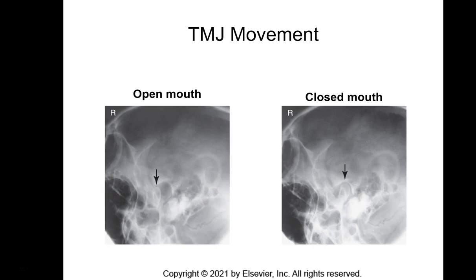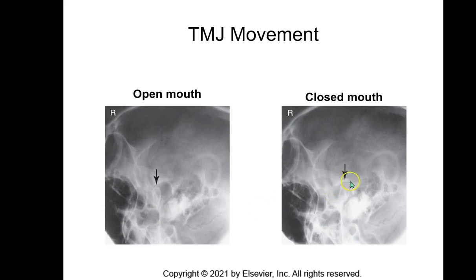If the condyle slips too far forward, it can actually dislocate your TMJ joint. And if the TMJ dislocates either by force or by jaw motion, it can be very difficult or impossible to close your mouth. Remember, closing your mouth returns the condyle to its normal position, and that's what you can see here.